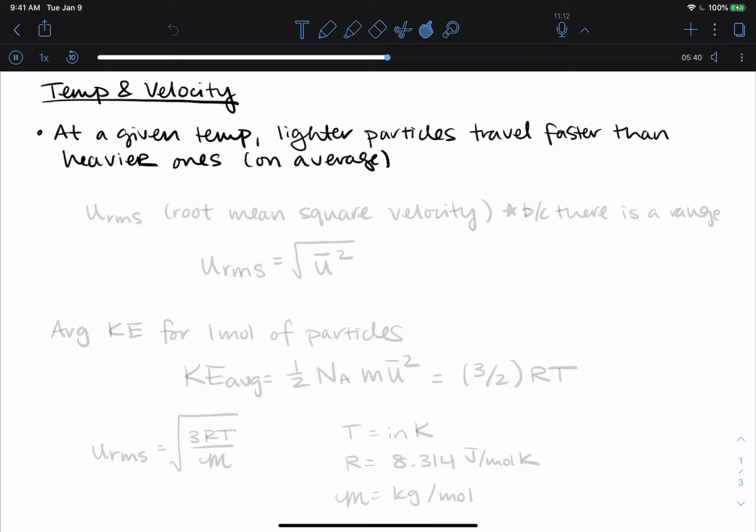And because these individual particles travel within a range of velocities, for the sample, we don't explicitly use v for velocity. We use something called the root mean square velocity, which we say is a u with a sub RMS. And again, this is because there is a range.